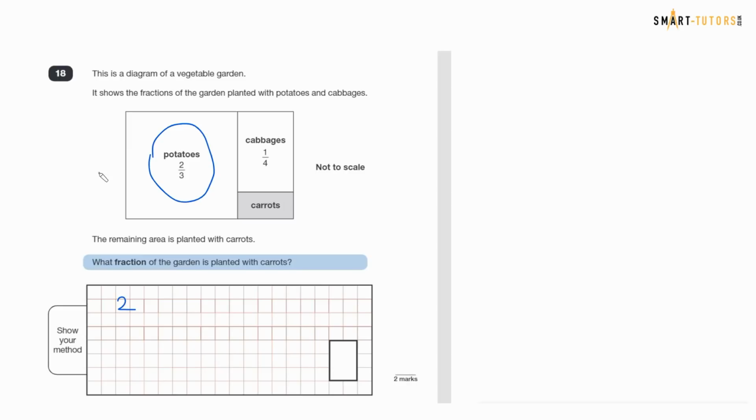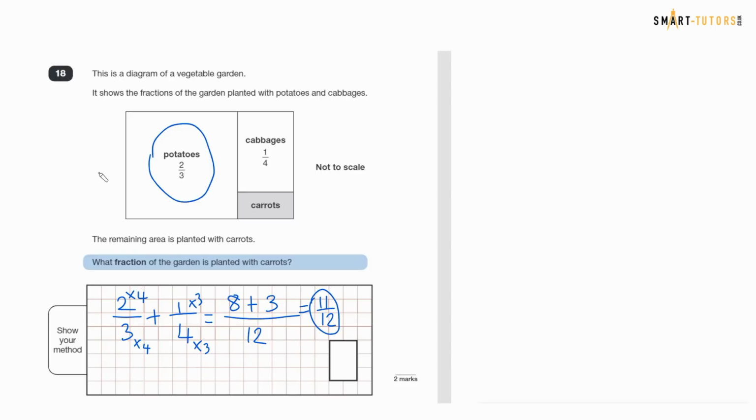So you have to make a common denominator, which will turn them into twelfths. If you do 2 times 4 and 3 times 4 you get 8 over 12, and 1 times 3 and 4 times 3 you get 3 over 12, so 8 plus 3 is 11 over 12.